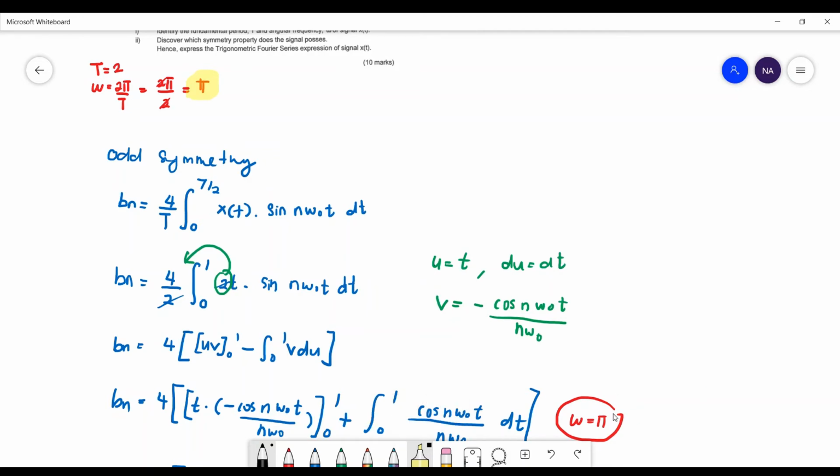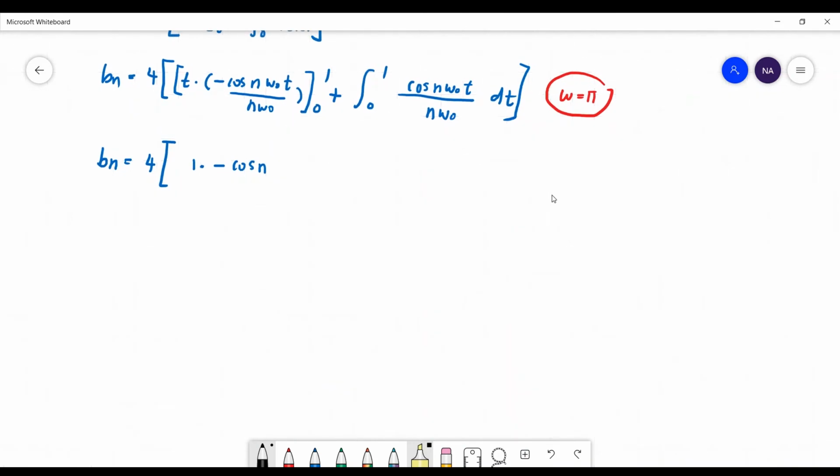So depending on the period, the value of omega depends. So all the yellow highlighter, I will substitute with pi. So n pi t is equal to 1 over n pi, minus. So next I will put 0.